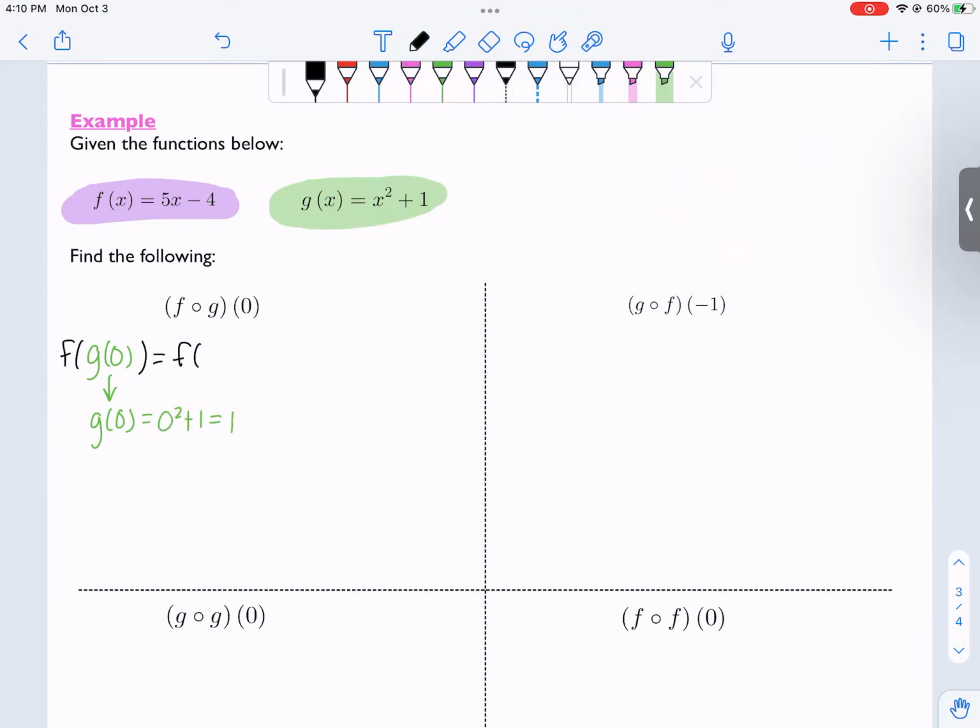So this is f of 1. F of 1 is plugging 1 into this function f of x. So that's 5 times 1 minus 4, which is 1. So f composed with g of 0 is 1.